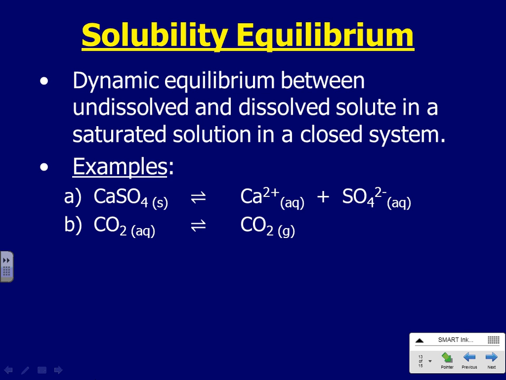So when something is dissolving, and we've already talked about dissolving in grade 11, we talked about the ions breaking out of their lattice structure, moving freely in the solution. In reality, that's an equilibrium situation.